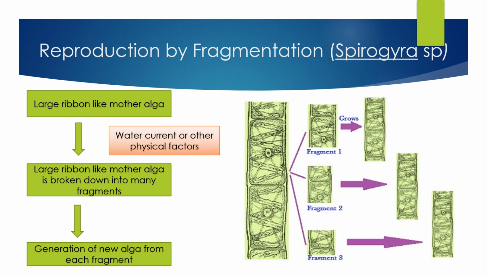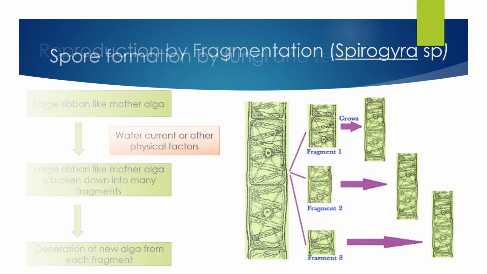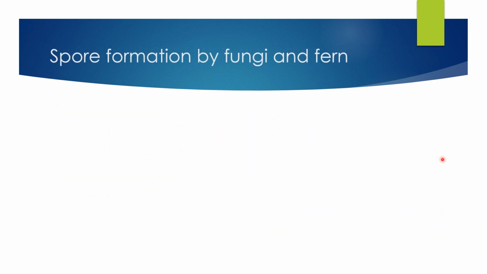Okay, now the next one. The next process of asexual reproduction is spore formation, and it can be found in fungi like bread mold and in ferns. So let's see what happens in that case.